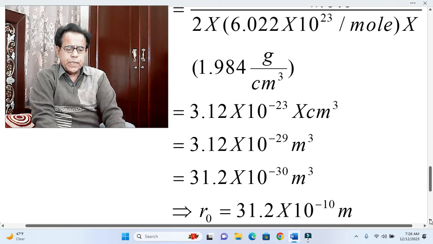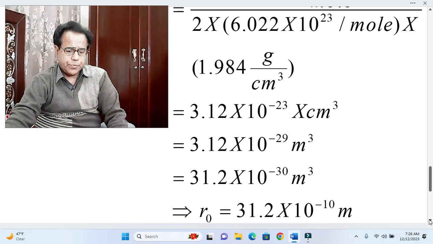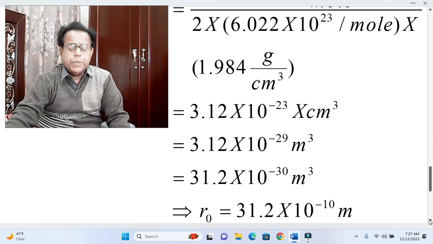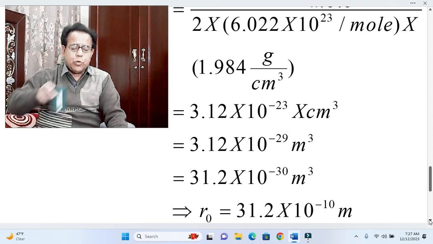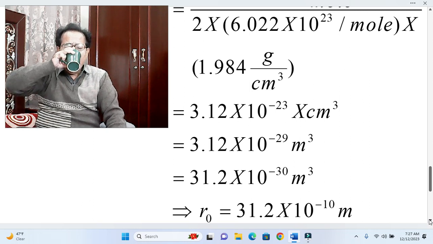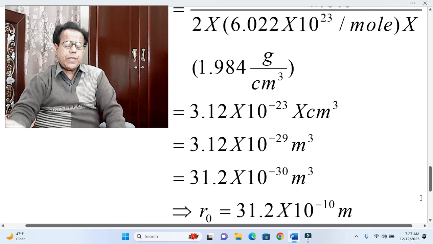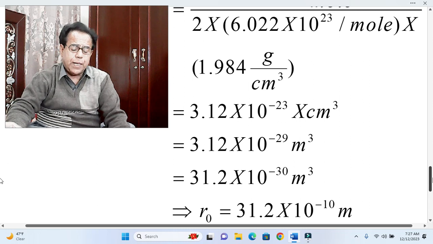Into centimeter cube. Dear students, we are seeing here that centimeter is in cube, while we are not concerned with centimeter, we are concerned with meter, because we follow the MKS system. So dear students, we know that centi means 1/100th part.